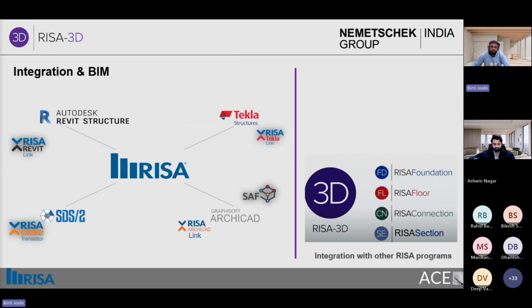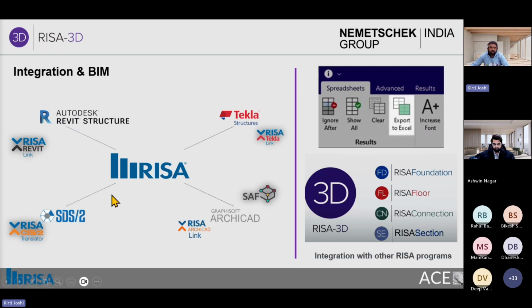So the next is the integration part of RISA 3D. You can integrate RISA with tools like Autodesk Revit, which many of you may already be using, or Tekla, STAAD, ArchiCAD, and Excel. This integration is achieved through the links which come within RISA 3D.